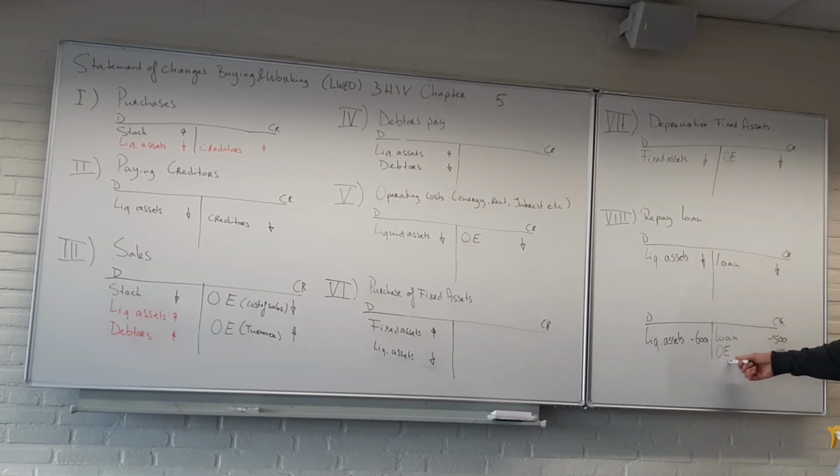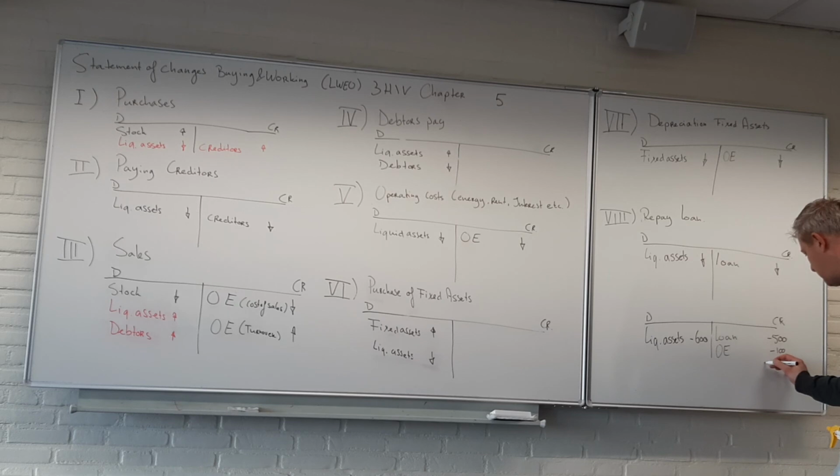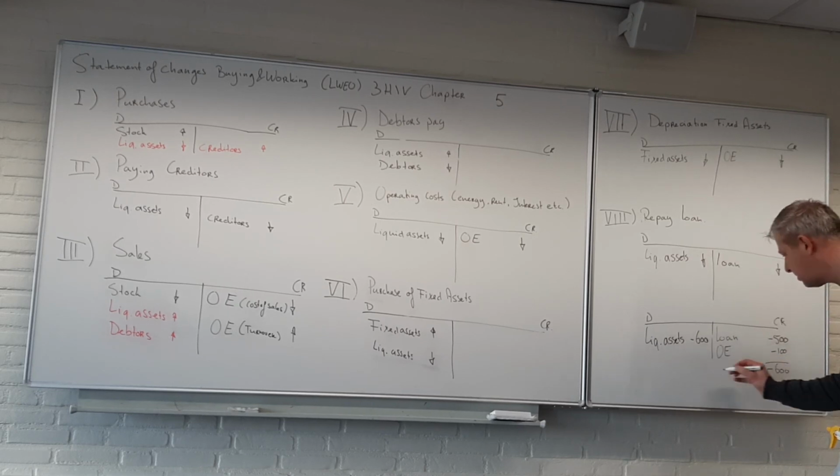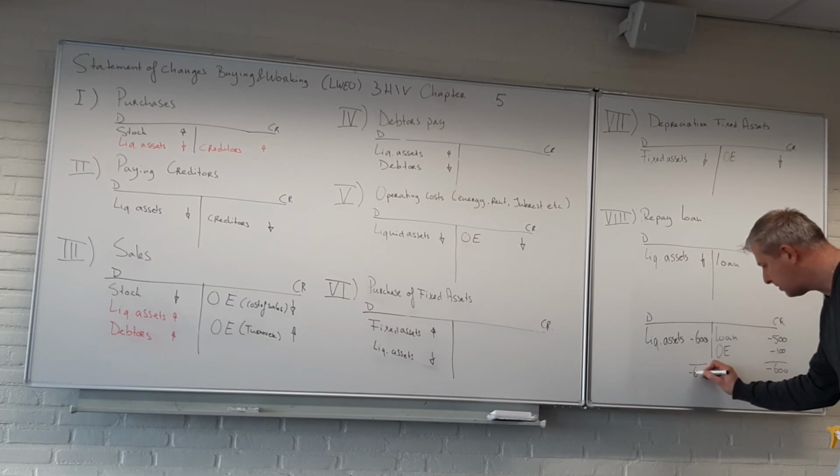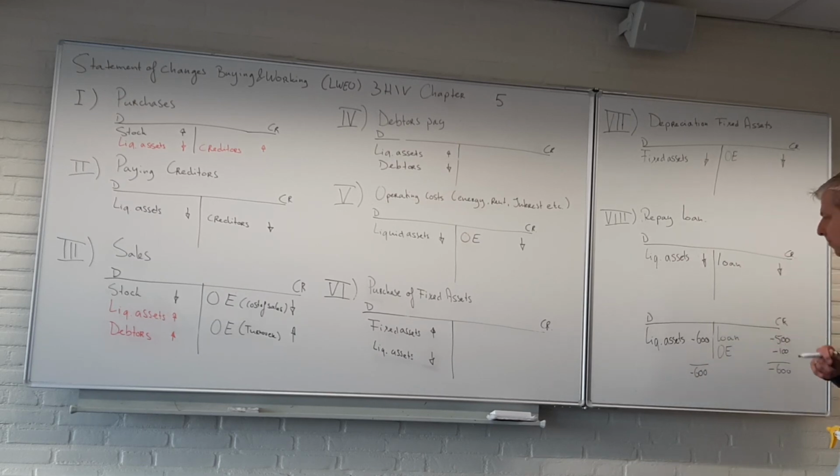I don't write interest, I only write down the item on the balance sheet that changes, so you have to use the names which are in the balance sheet. Then, just like the balance sheet, you take the total and it should be in balance. So this is how you write down a statement of changes.